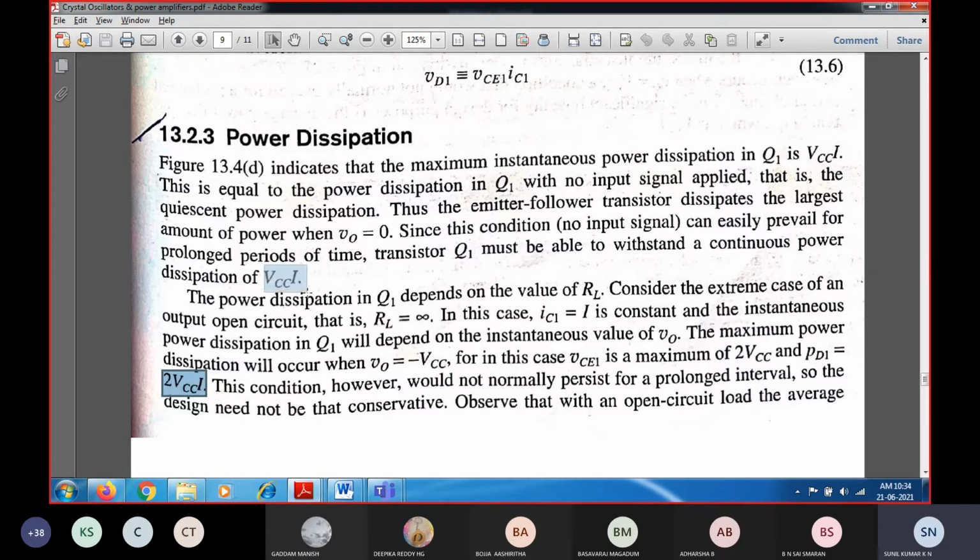During the positive cycle, it is VCC into I. For the negative cycle, again you will get VCC into I as the maximum power dissipation.